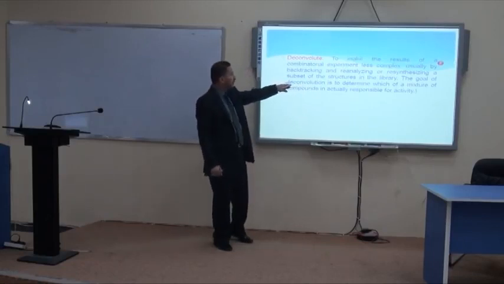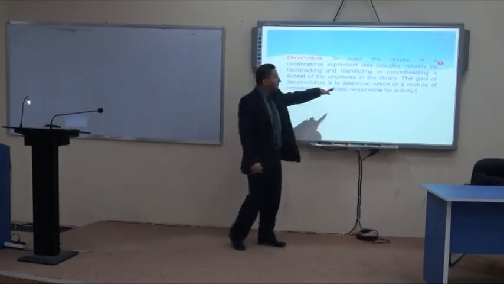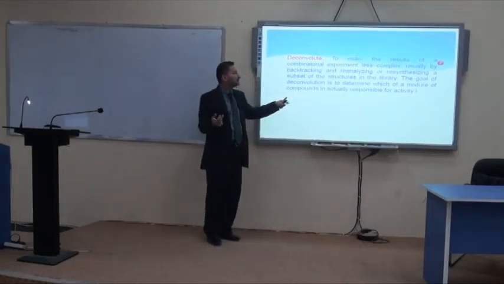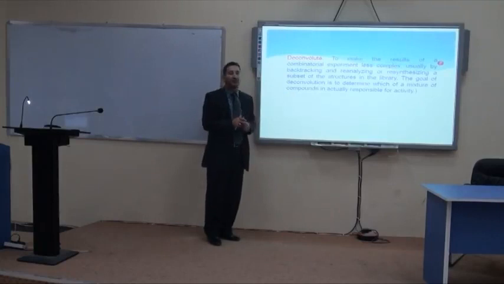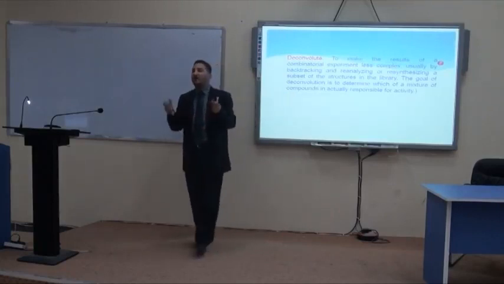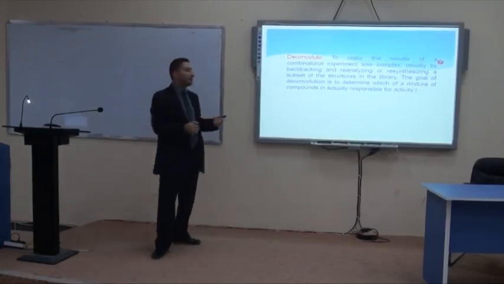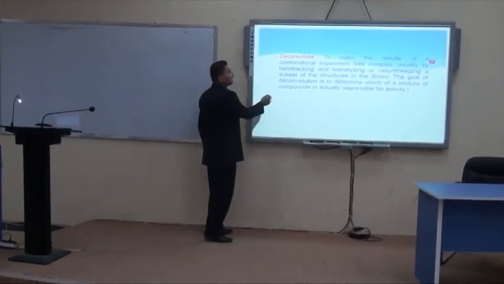So the goal of deconvolution is to determine which of a mixture compounds is actually responsible for activity. After identify the mixture, repeat it step by step to reach the active compound.